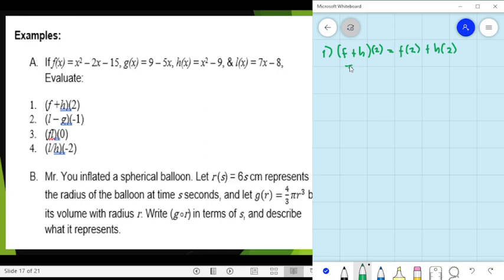So our f is x squared minus 2x minus 15. You replace the x here in f with positive 2. So it should be 2 squared minus 2 times 2 minus 15. And this will be 4 minus 4 minus 15.